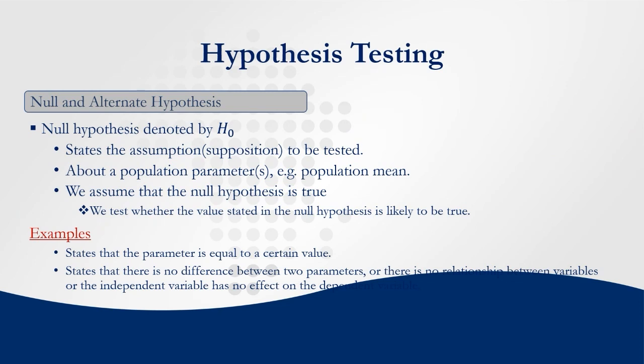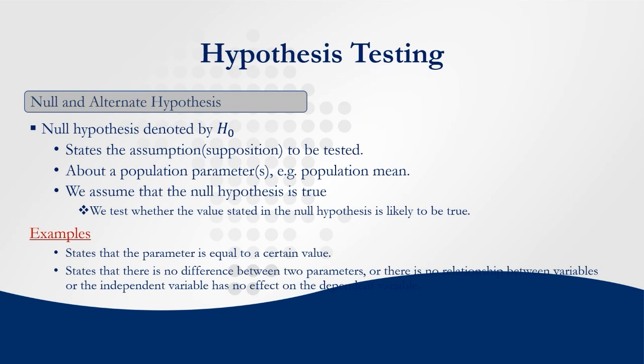I've said there are two hypotheses. The null hypothesis, which we denote by H0, states the assumption or the supposition to be tested. It is about a population parameter, for example, the population mean. If we go back to the initial examples that I made, they were around the population mean.